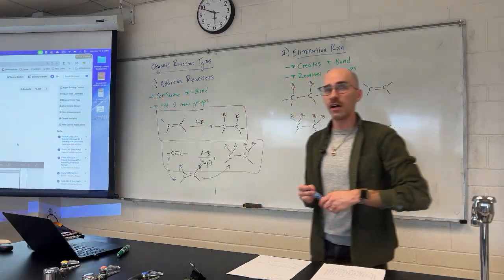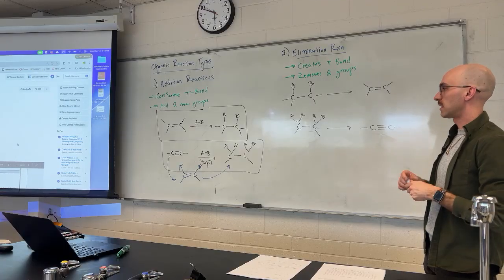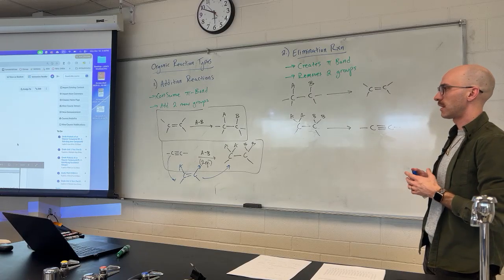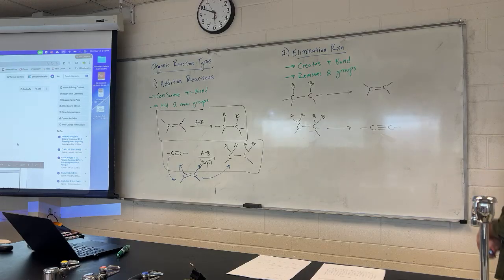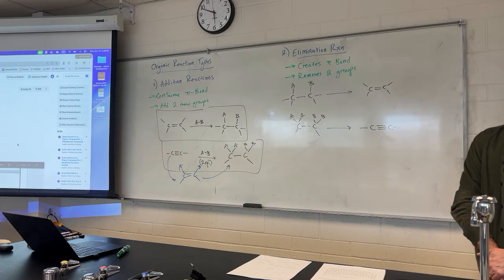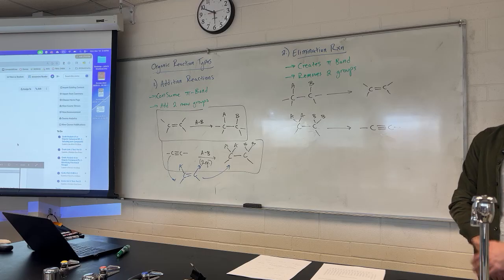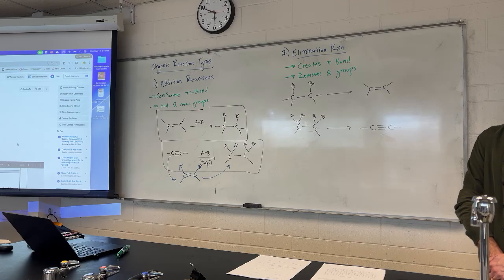We had a question on unsaturation on the midterm that quite a few people missed. What does unsaturation tell us? Pi bonds and rings. And why do we call it unsaturation? Could have been bonded to something else.